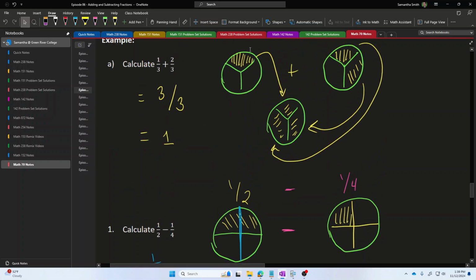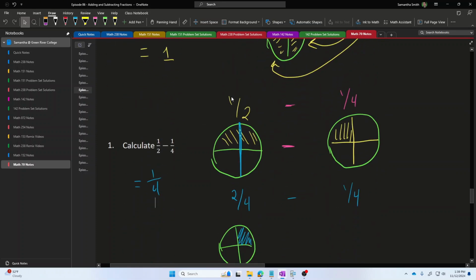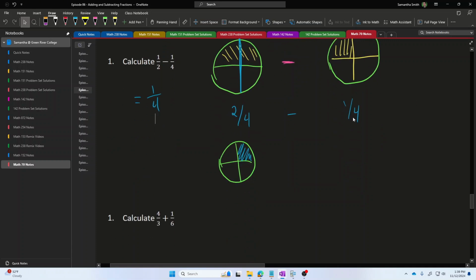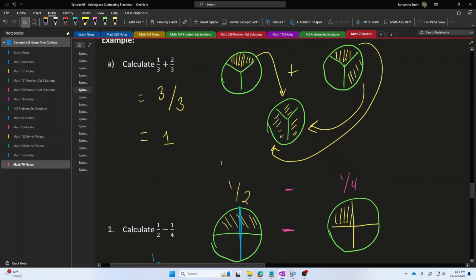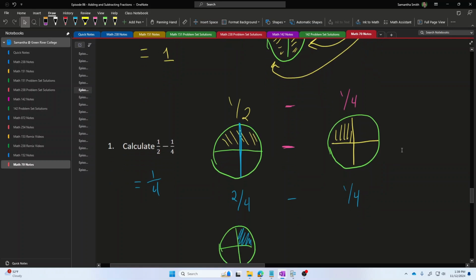And once we're dealing with slices all of the same size, then you just have to do the arithmetic on the number of slices, which is indicated by the numerator. 2 slices minus 1 slice, 1 remains. 1 slice added to 2 slices, 3 slices remain. So that's why we go through this process with fractions, of giving them the same denominator and then doing the addition and subtraction just on the two numerators.